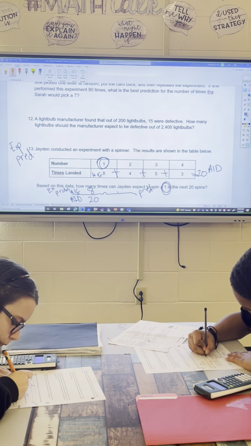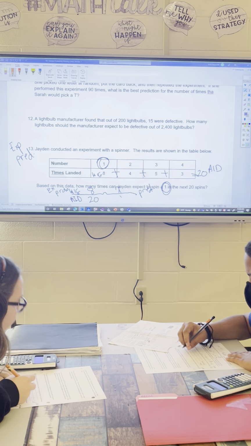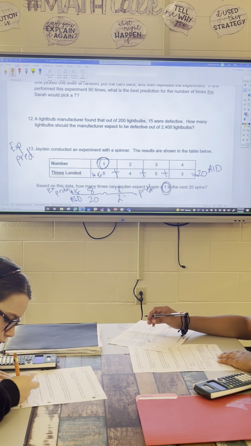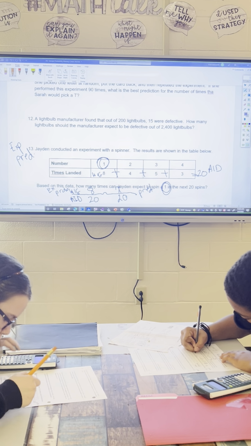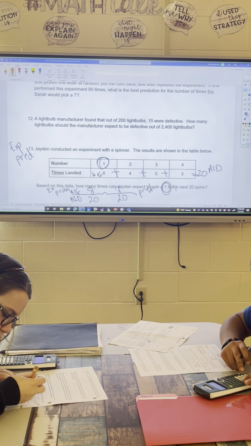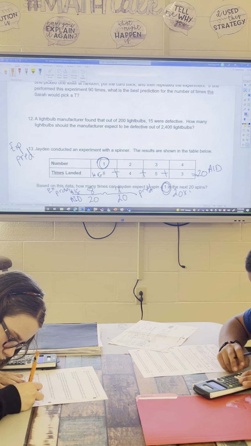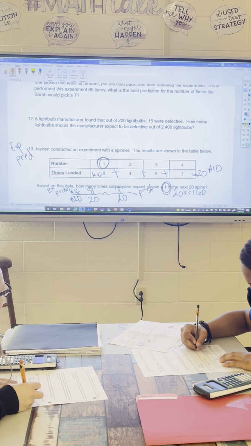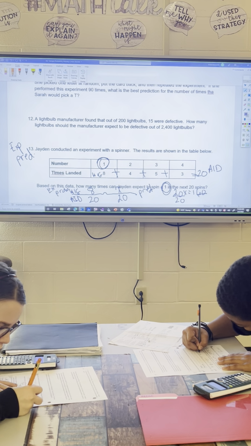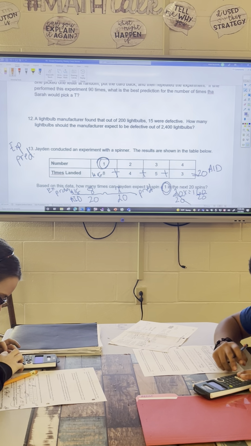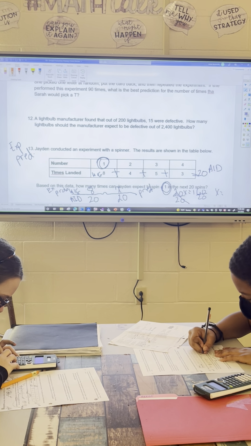And I want to know how many times he's going to do it when he does it 20 more. Okay? So we cross multiply and we get 20x equals 160. Divide both sides by 20. And x equals 8.